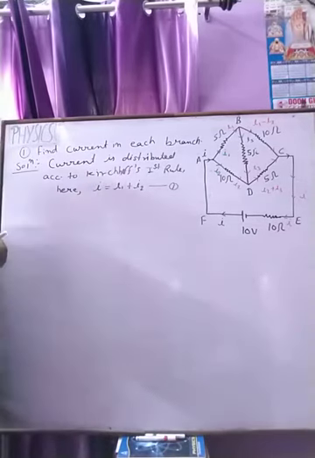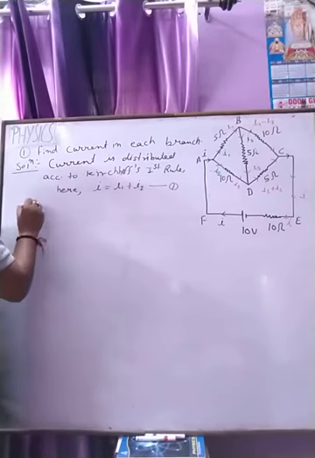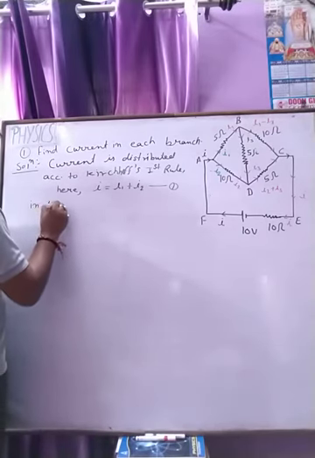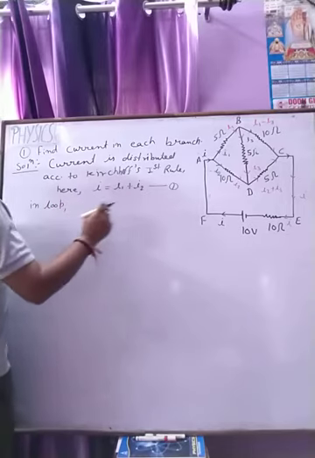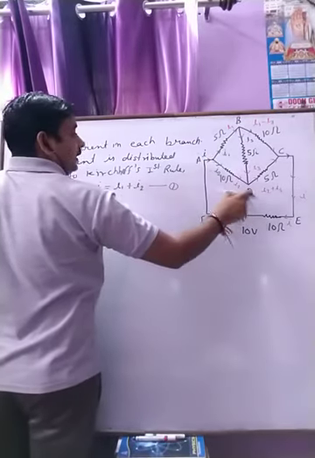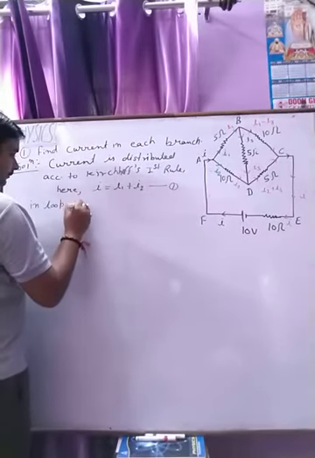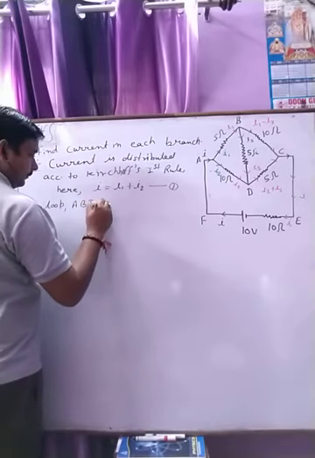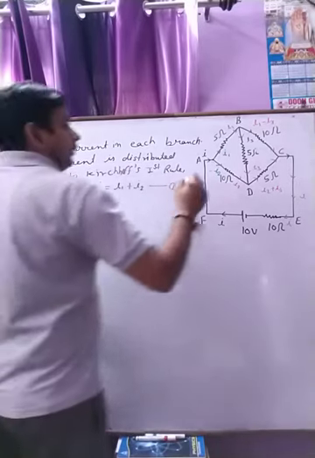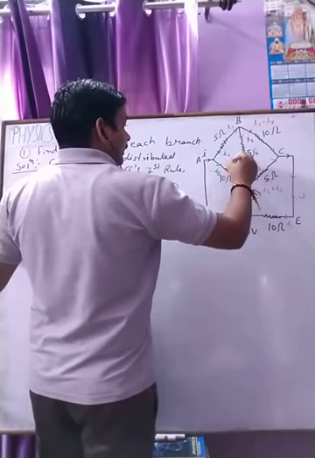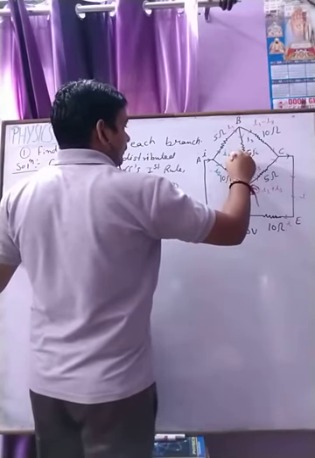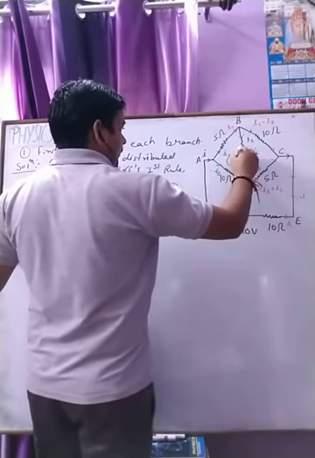Now we start the loops. In loop A, B, D, A, we are moving in the direction of current.